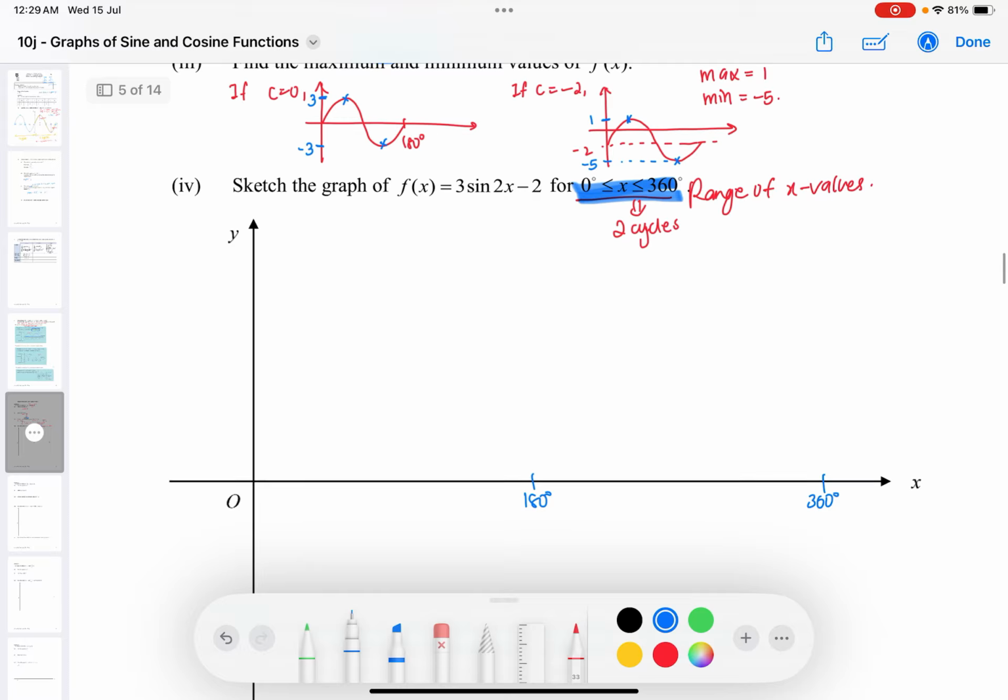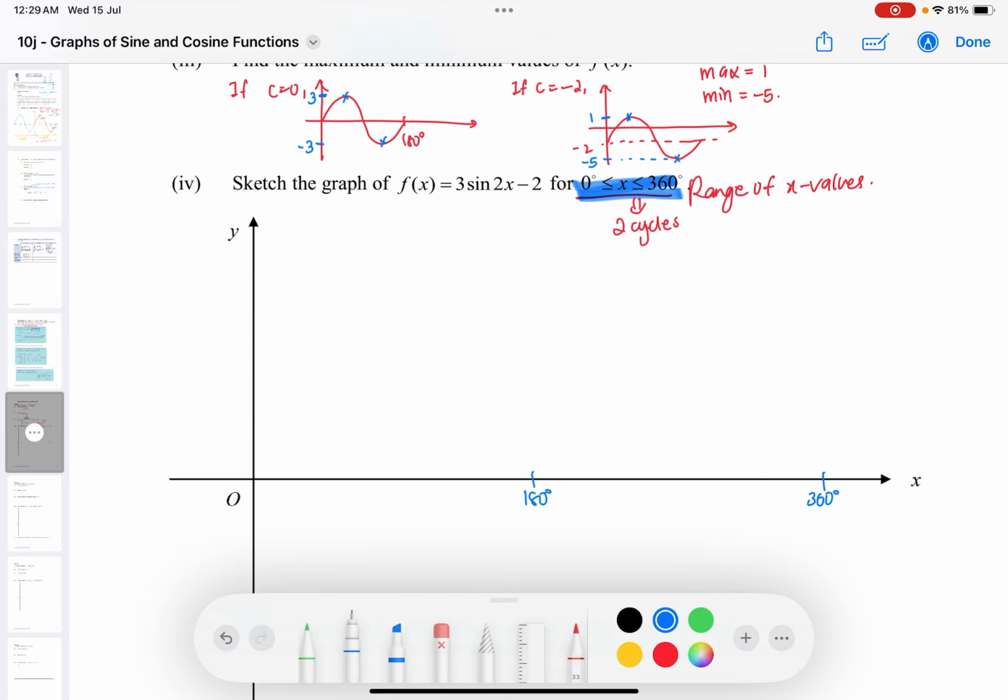If you look at the sine graph, there's the mountain and then there's the trough. So for each cycle, I will have to further divide into 2 parts so that I can get my mountain out. So this is 90, this is 270.